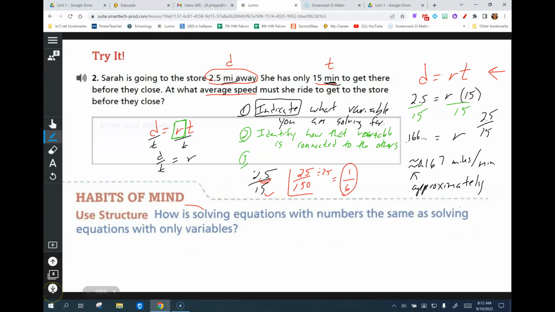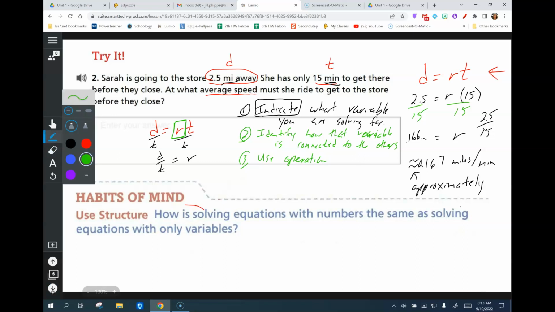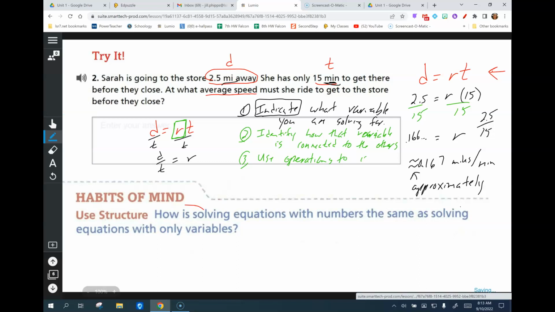So then start use operations, add, subtract, multiply, and divide, to get all that stuff off of that side. So use operations to isolate that variable. Use operations to isolate the variables. And we'll practice this. Okay.